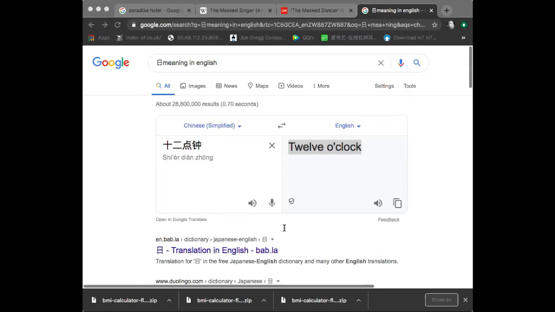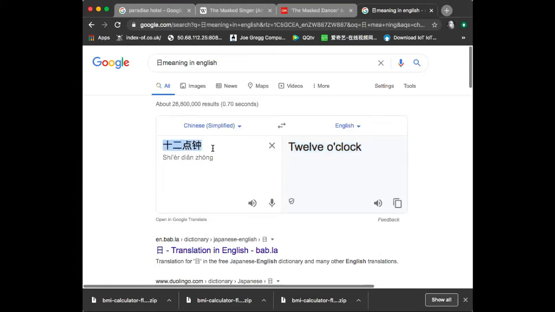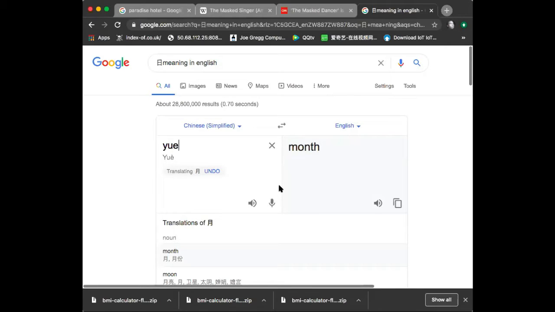And then when we come to months, before we finish up on this one, let's also touch on months. The word for month is, what's the word for month? Yue. Yes, very good. So Yue, that's the word for month.